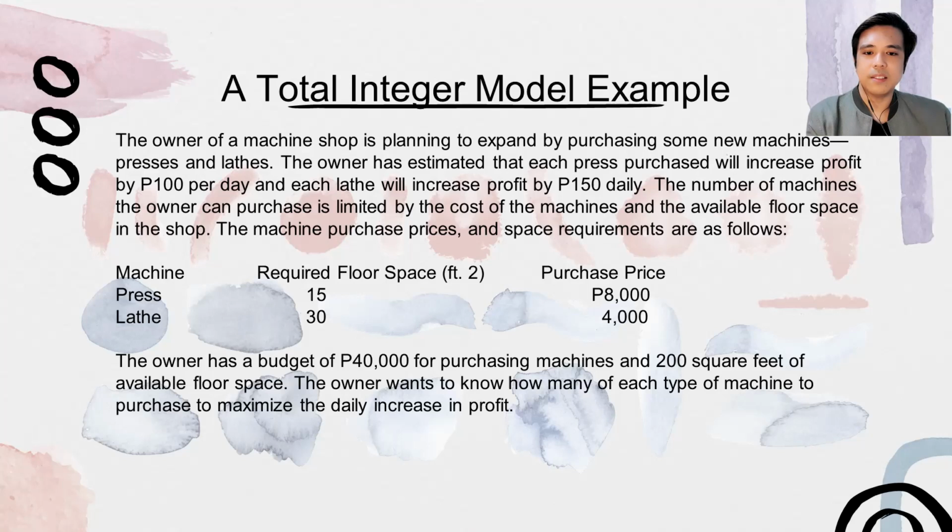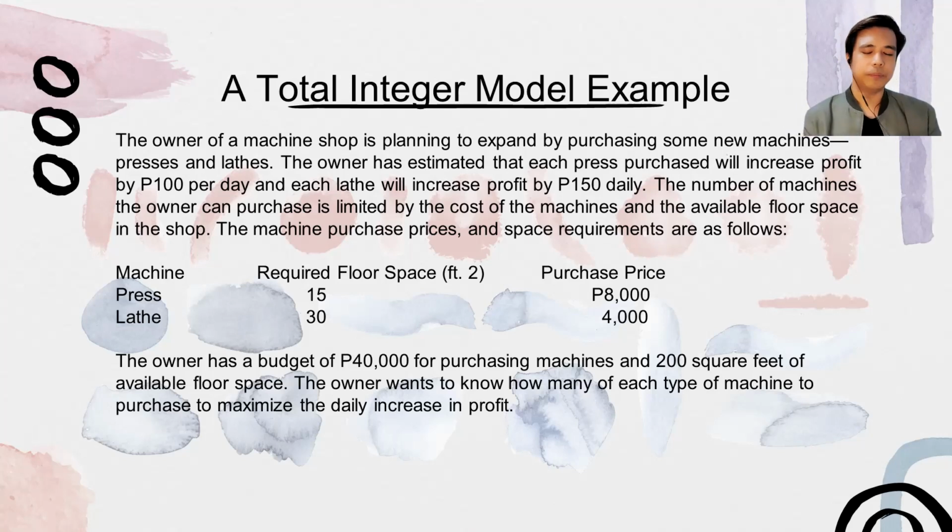For a press, it requires 15 square feet of floor space and has a purchase price of 8,000 pesos per machine. For a lathe, it requires 30 square feet of floor space, and it has a purchase price of 4,000 pesos per machine.